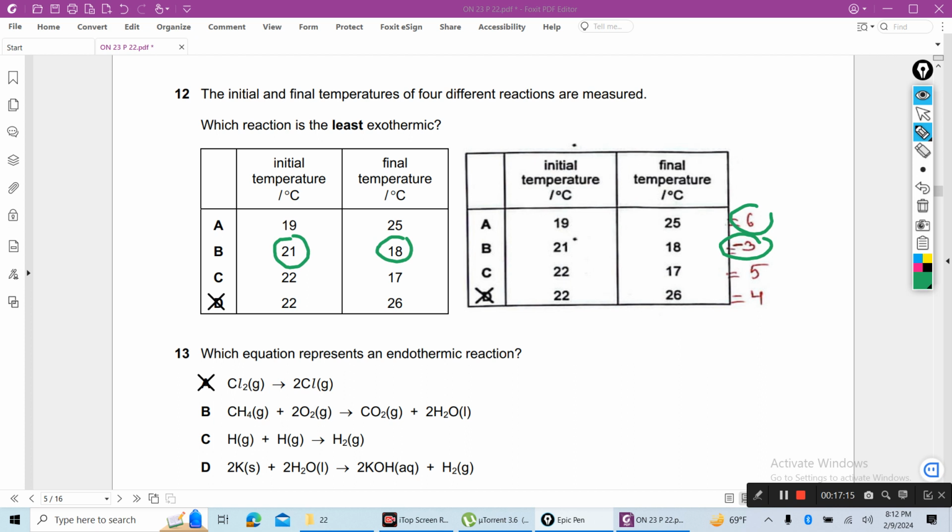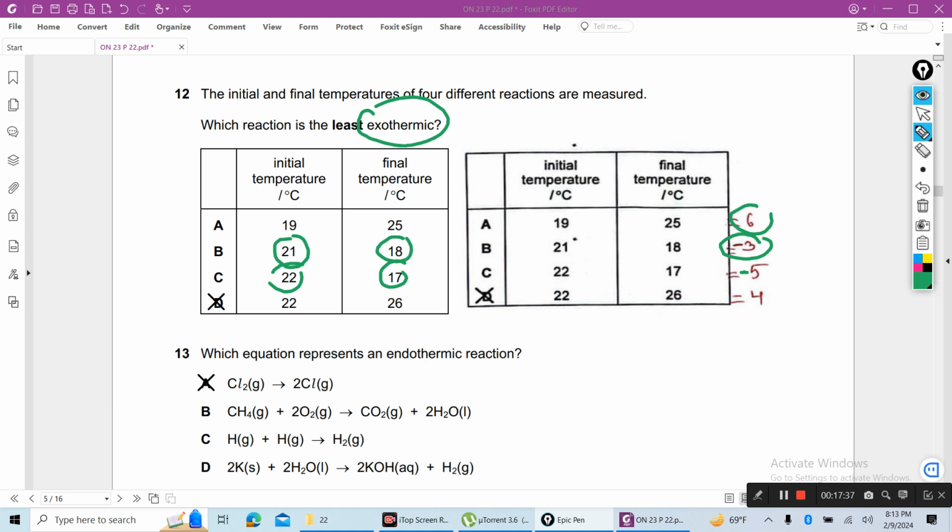And this one, final temperature 17 minus 22, so this is also negative 5, that means an endothermic reaction, not exo.